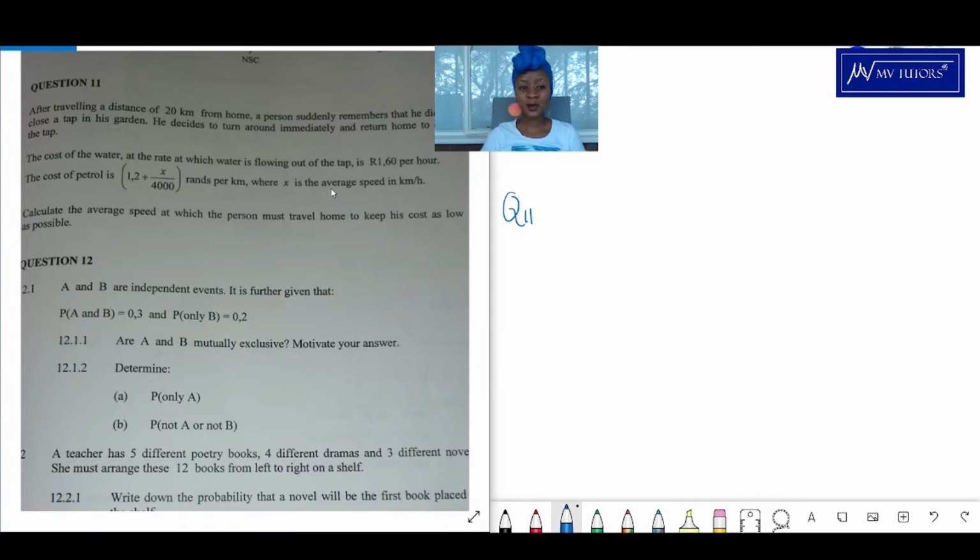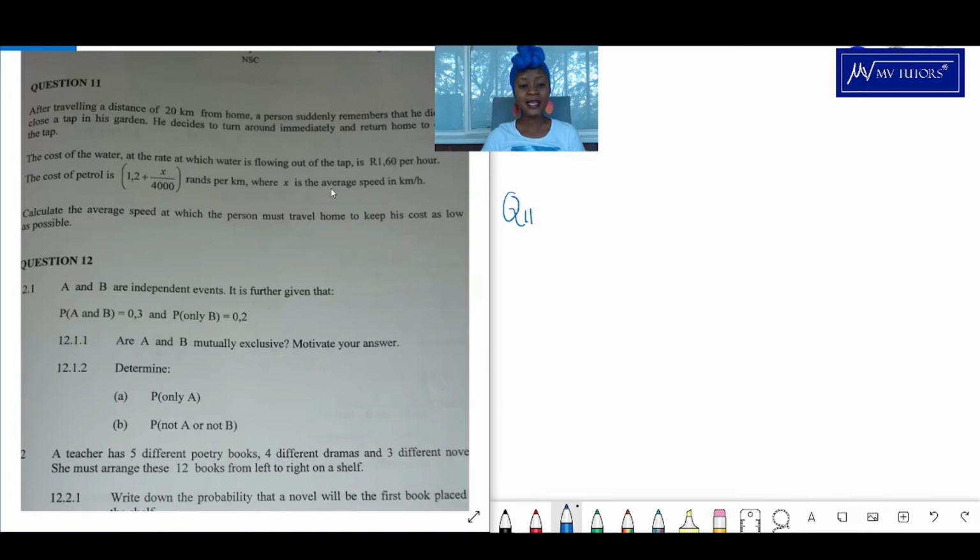The cost of water, at the rate at which water is flowing out of the tap, is 160 per hour. And the cost of petrol is that many rands per kilometer, where X is the average speed in kilometers per hour. So what they want from us is to calculate the average speed at which the person must travel home to keep his cost as low as possible.